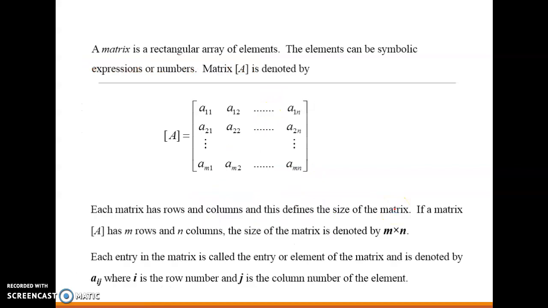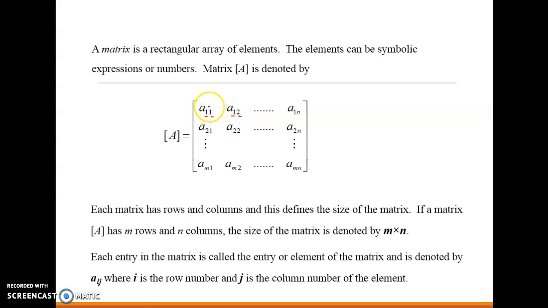Next, if you look at the symbolic expressions or numbers arranged in the matrix, you can follow this diagram where the element A11 represents: the first 1 means first row, and the next 1 means the first column. Similarly, for this element, 1 represents the first row and 2 represents the second column.